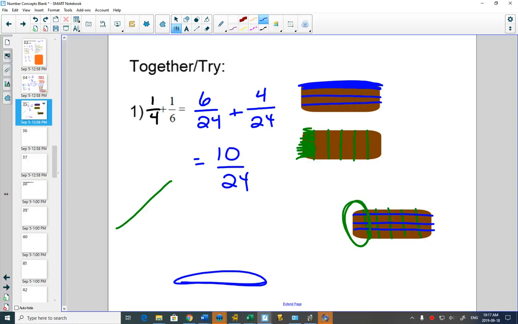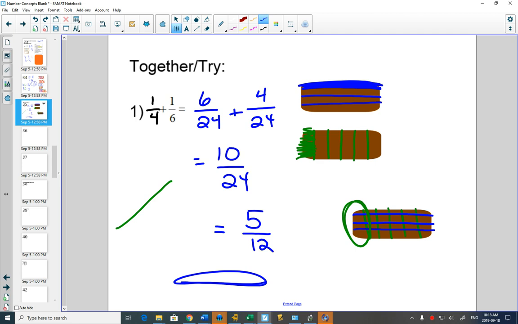In lowest terms, you have to check if the number in the numerator and the number in the denominator can both be divided by the same thing nicely, then you can reduce it. Is there a number that divides 10 and divides 24? 2. If I divide 10 by 2, I get 5. If I divide 24 by 2, I get 12.